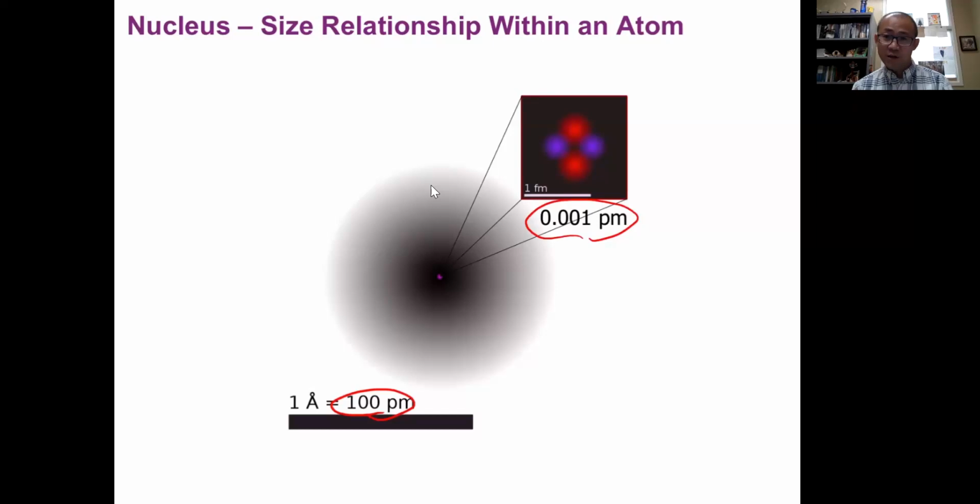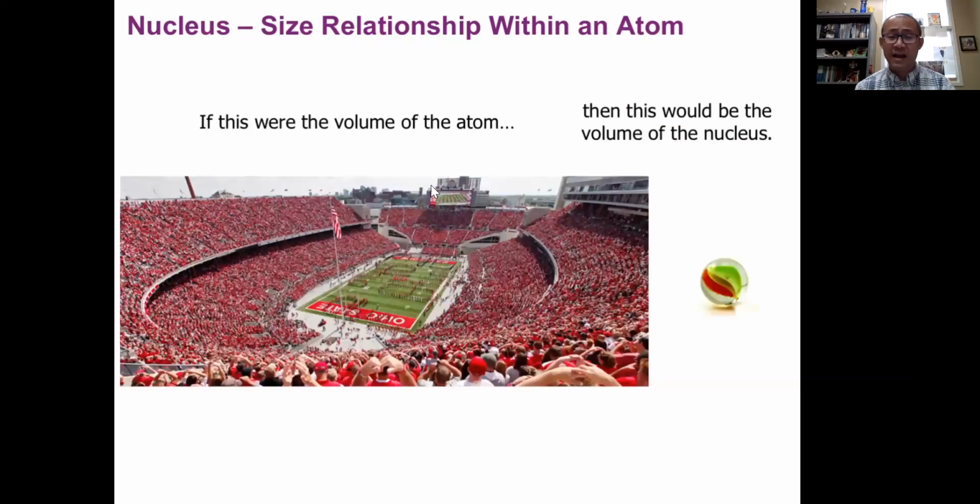So this picture tells us that compared to the size of the atom, which is small of course, the size of the nucleus is extremely small. So almost all of the atom is filled with electrons. Even though the nucleus is small, we know it carries all the mass because protons and neutrons carry the mass. Here is a comparison, which may not be extremely accurate, to give you an idea of the size.